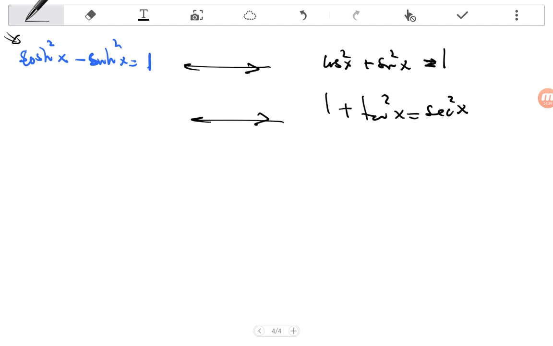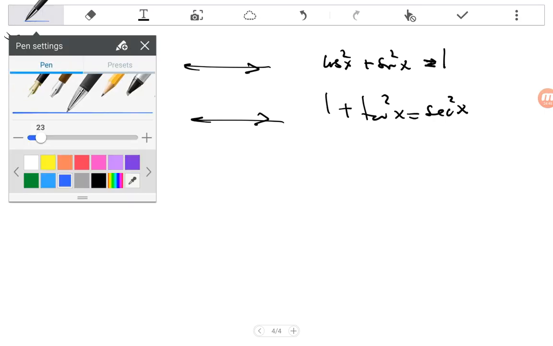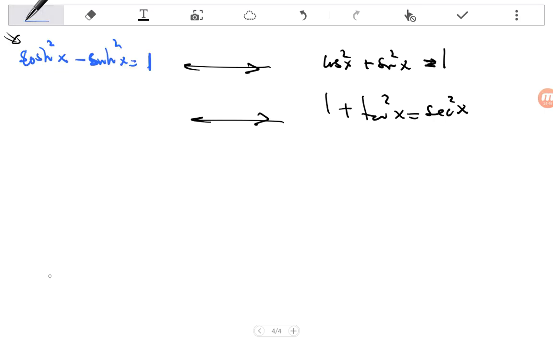There is some analogous rule for this other rule, but in hyperbolic functions. What is that rule? If you find two sines multiplied by each other, you change the sign of that term.